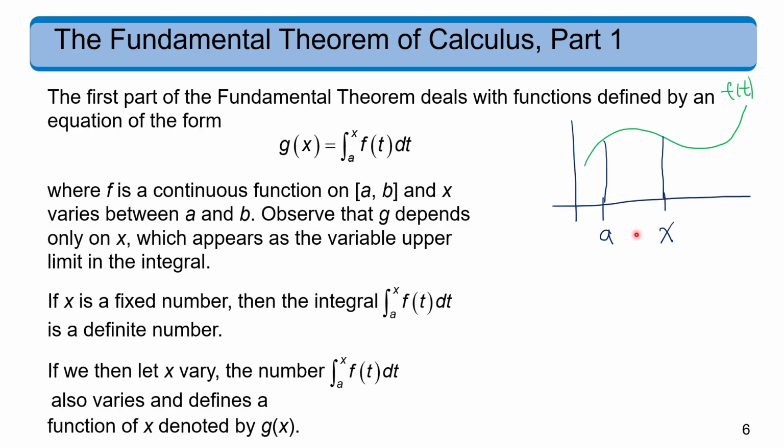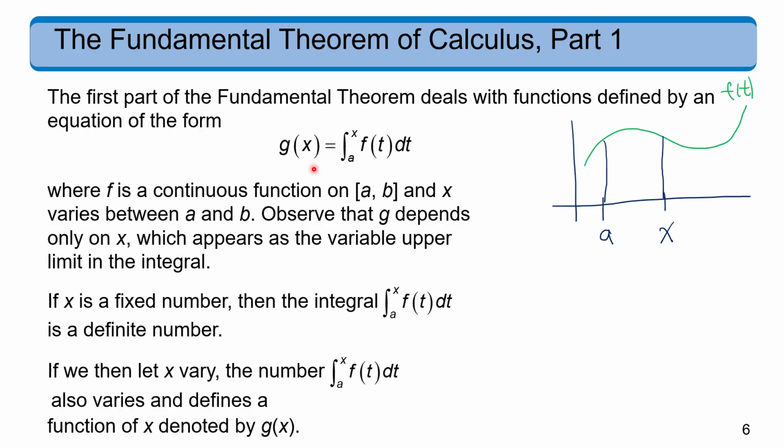But the main point is the right endpoint is variable, and when we move the right endpoint to different locations, that changes the area, which means it changes the value of this definite integral. So now we view this integral as being a function of x because its value will be different for different choices of x. And so because of that, we can give the function a name, g, and say it's a function of x.